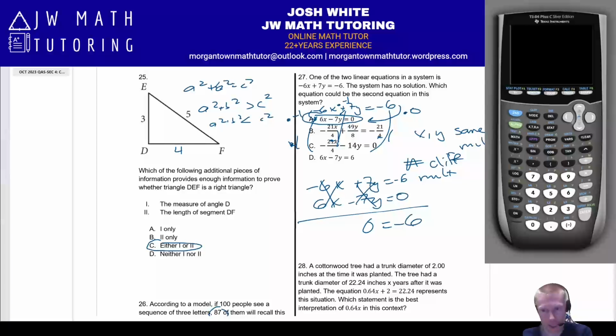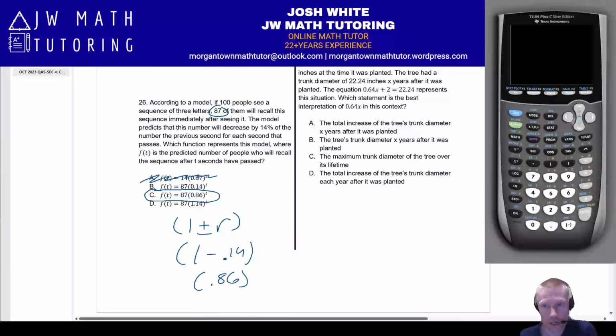On the right side, we add them, we get -6. Okay, 0 is never equal to -6. That's a hint that yes, this is a system of equations which has no solution. So you can always try to solve the system of equations as well to determine if it's one solution versus no solution versus infinite. All right, next up, problem number 28 below it.